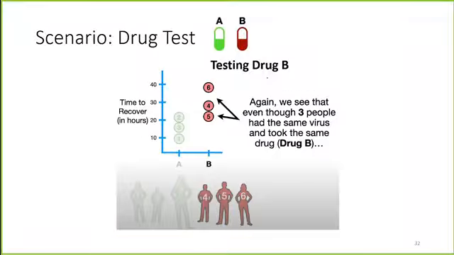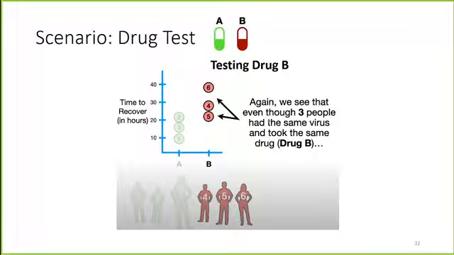I ask 3 more persons, and these 3 persons have a headache and take drug B, and they report how many hours again. So person 4 about 28 hours, person 5 20, person 6 26 or 27, right? So these 3 look like the time to recover for drug B is a lot more than drug A.